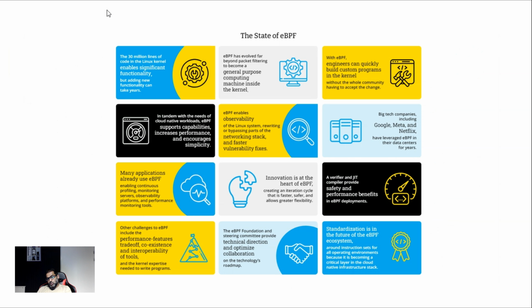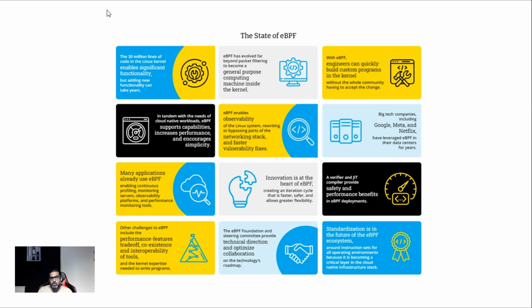So this is also a slide that's taken from the eBPF website itself. So basically, if you talk about the state of the eBPF, we're not going to change any codes on the kernel level. We are giving an option to the engineers where they can build custom programs and then they can push it in the kernel.